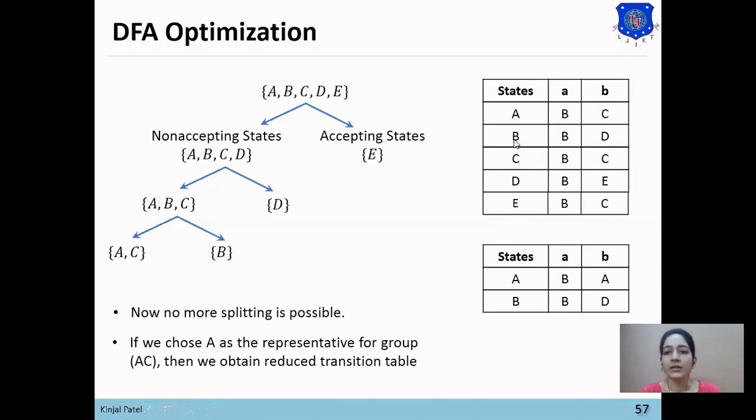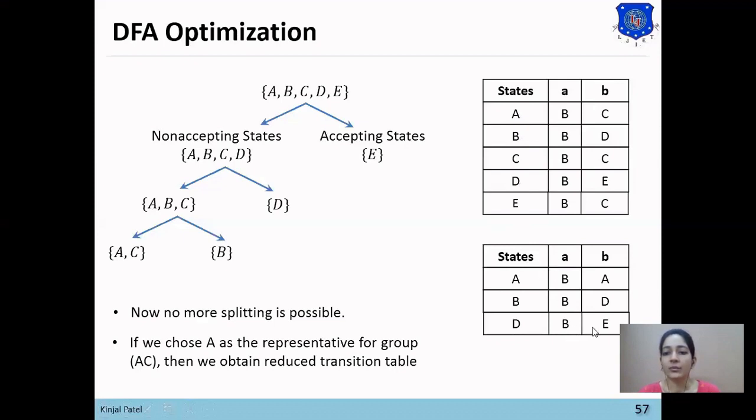Now in the second row there is no C, so there are no changes in the second row. And we will remove the third row as we have replaced C with A and A is already mentioned in the table.